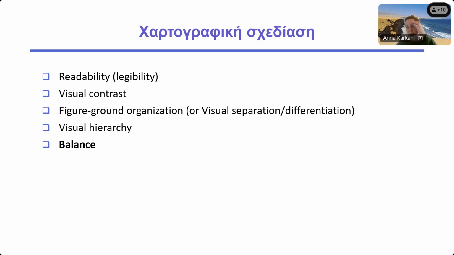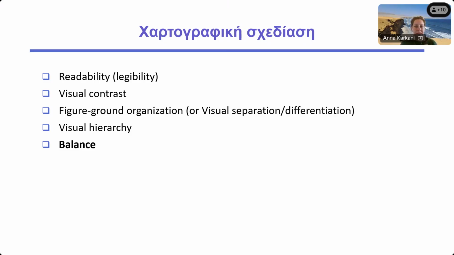And then there is the last thing, which is called balance, and has to do with how the different map elements are distributed within a layout. So a well-balanced layout tries to utilize the entire map space.